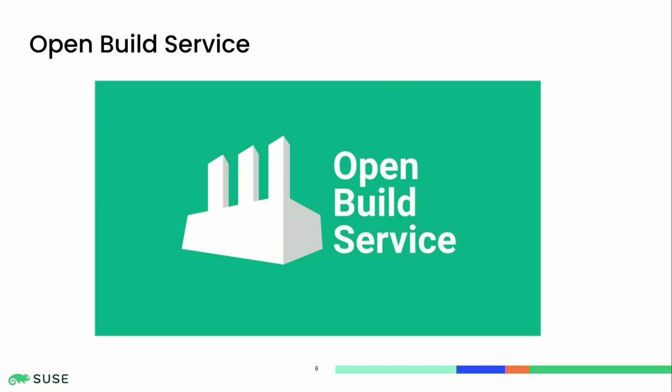So we are going to use a few components, not too many. The first one is Open Build Service. Open Build Service is a place where you can basically build your containers, your RPMs. It's a public version of the pipeline we use to build all our systems. So every time you see something from SUSE, it's built on the internal build service.